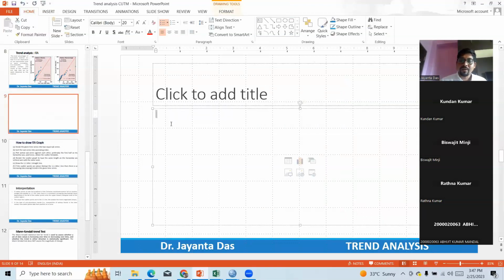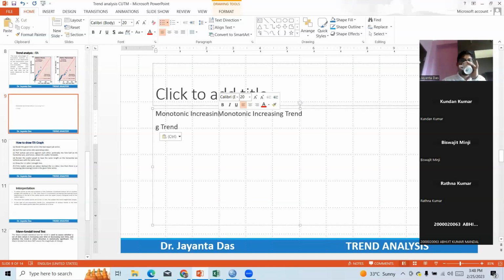One monotonic trend. It may be increasing or it may be decreasing. So, monotonic increasing trend, then monotonic decreasing trend.